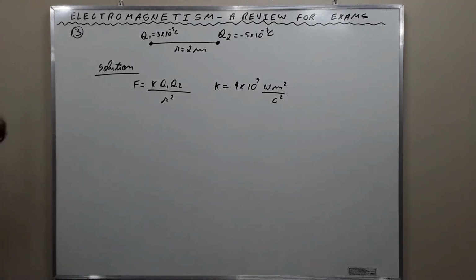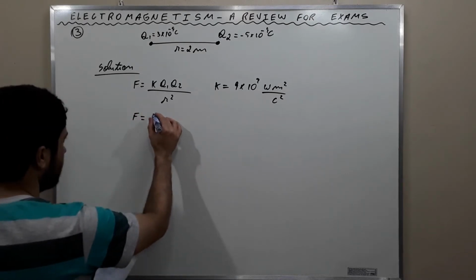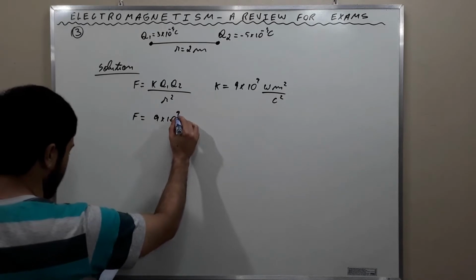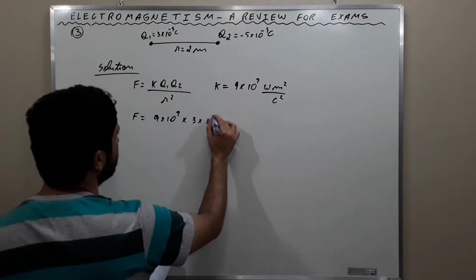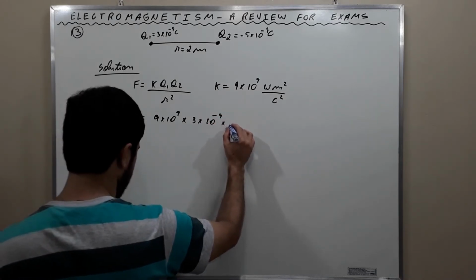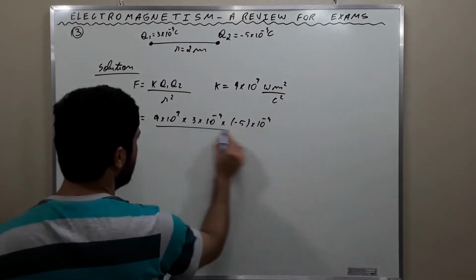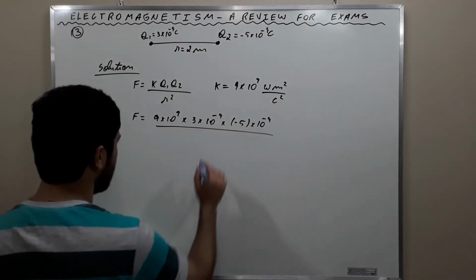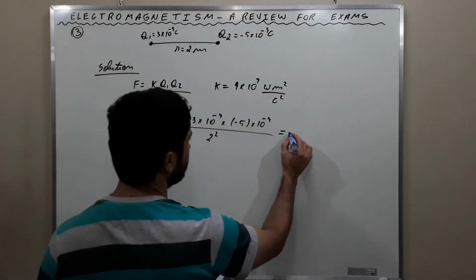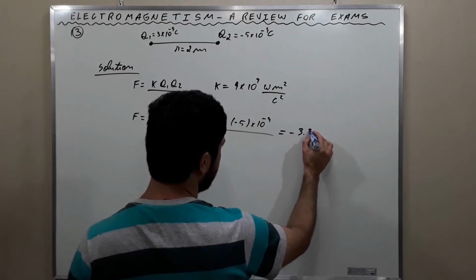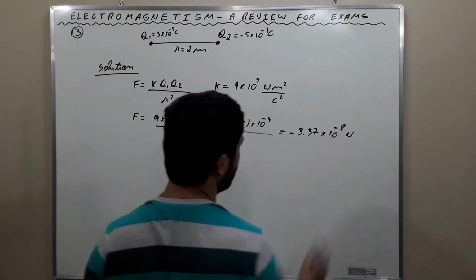We're going to use this constant, and the magnitude of the force is going to be 9 times 10 to the ninth times 3 times 10 to the negative 9 times negative 5 times 10 to the negative 9, all divided by 2 squared, and this is equal to negative 3.37 times 10 to the negative 8 newtons.